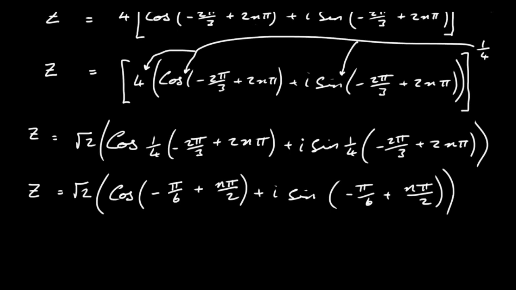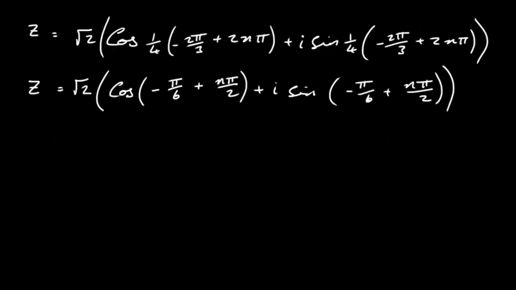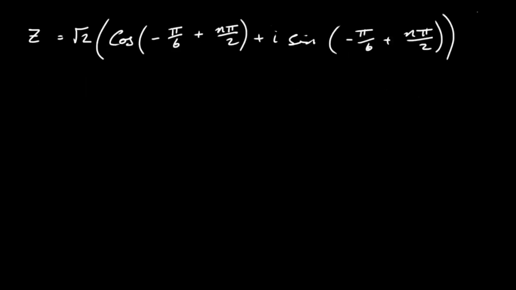Okay, so what we're going to do now is use this to solve our equation, to find the roots. We're going to start with n equal to 0. If n is equal to 0, this will disappear and this will disappear.